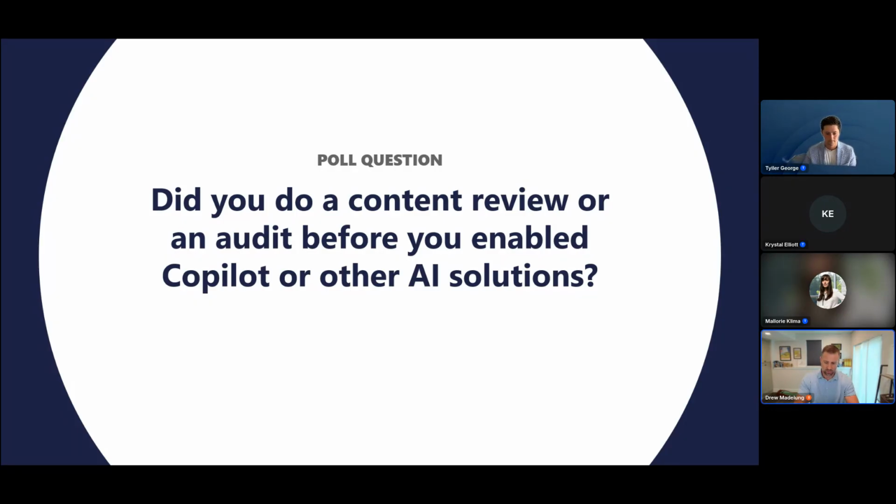And on the audit side, that's a different approach. Tyler, if I do a content review, how do you see an audit happening? How does an audit differ from a content review? Yeah, a content review usually entails looking at accuracy. I'm looking to see ownership, and is this still being used?